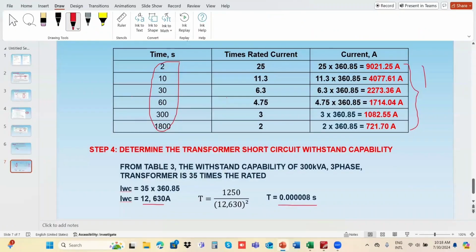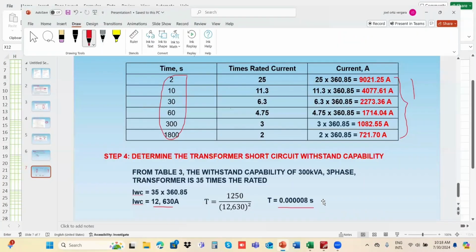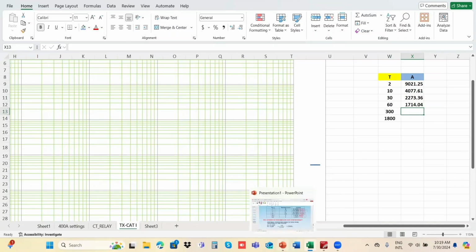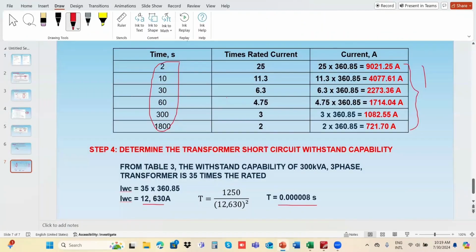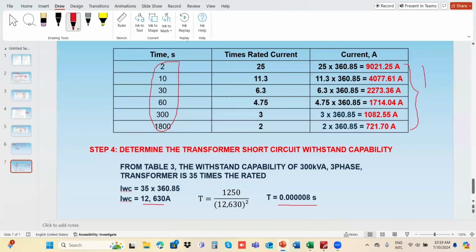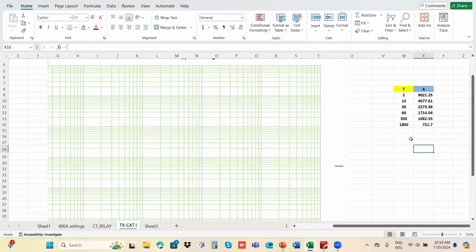And for the 60 seconds is 1,714.04. And for the 300 seconds is 1,082.55. And for the 1,800 is 721.70 amperes. So you have now the time and the current.